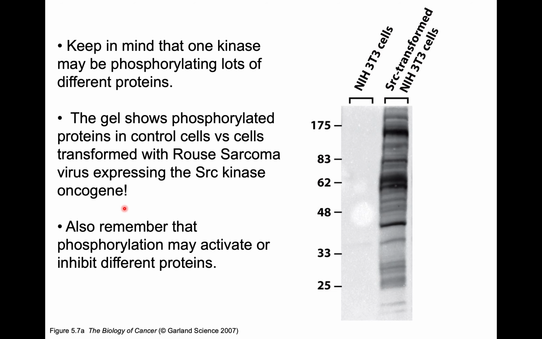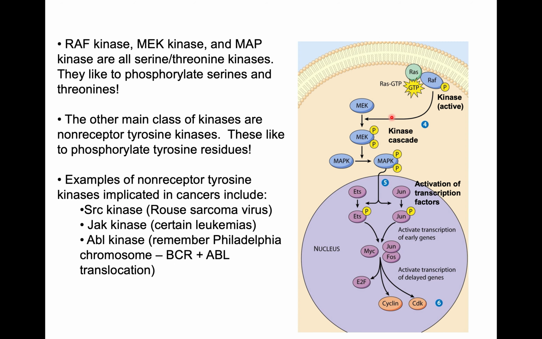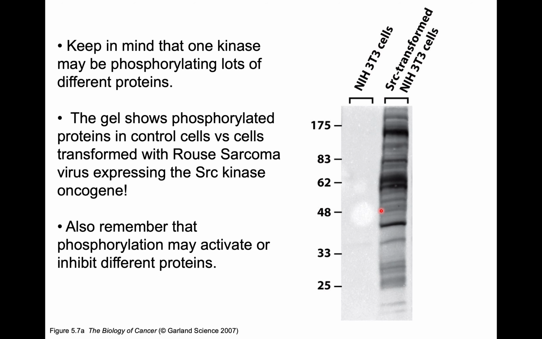Also want you to think about the fact that even though we're focused on, let me go back here, this very well-defined signaling pathway and the fact that MEK is phosphorylating MAPK, which is phosphorylating these two specific transcription factors, even though we have that narrow focus, these kinases may be doing a lot more than that, and evidence suggests they are.